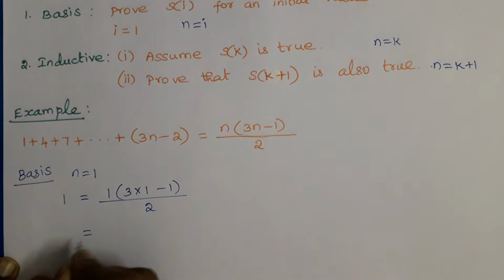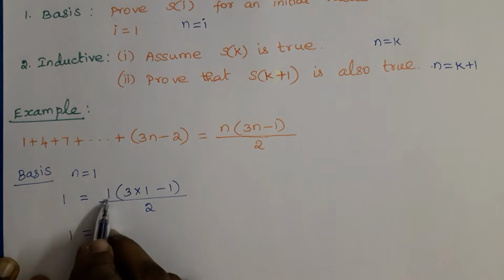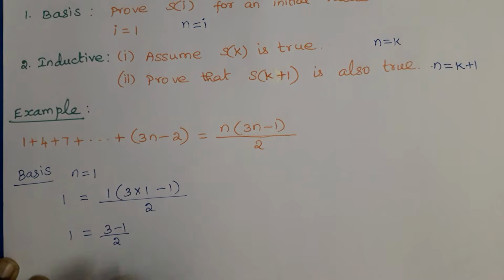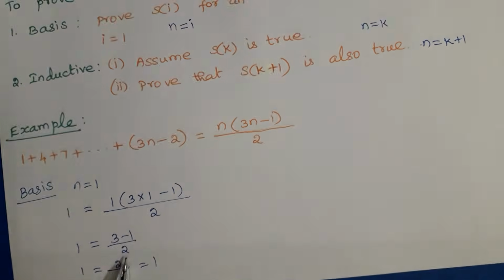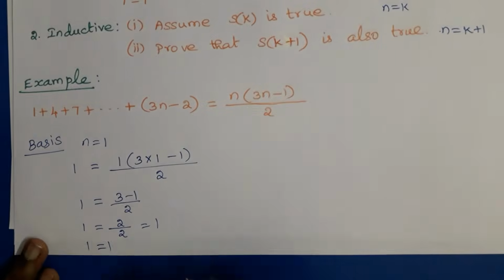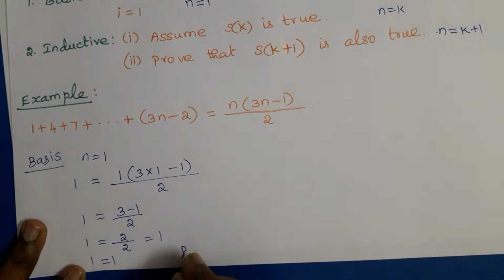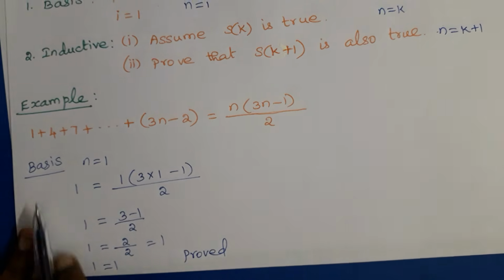If we solve this, 3 minus 1 is 2, and 2 divided by 2 is equal to 1. So both left hand side and right hand side are 1. Hence the given statement is proved for the basis case.